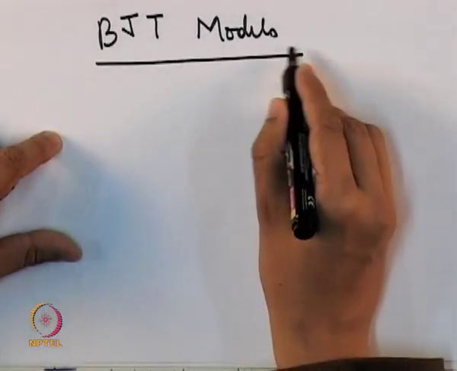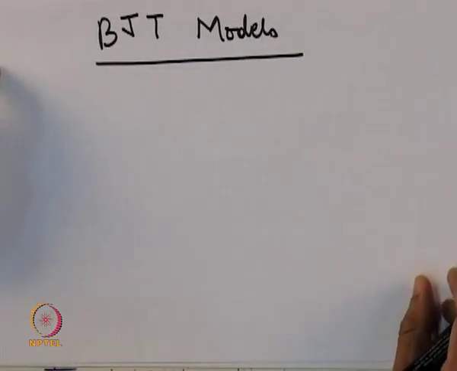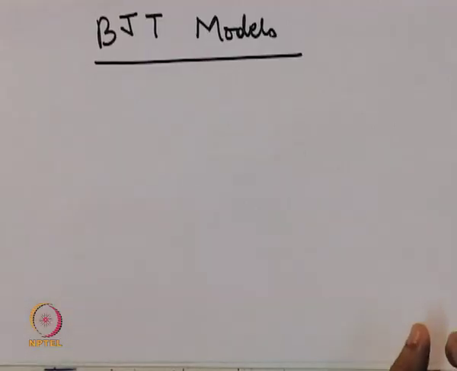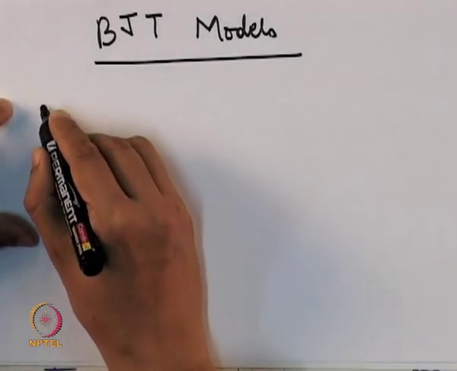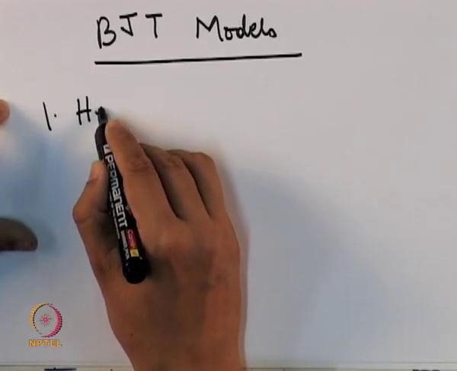There are a number of models for BJTs reported in literature, of which two are very popular. The first one is known as the hybrid pi model.